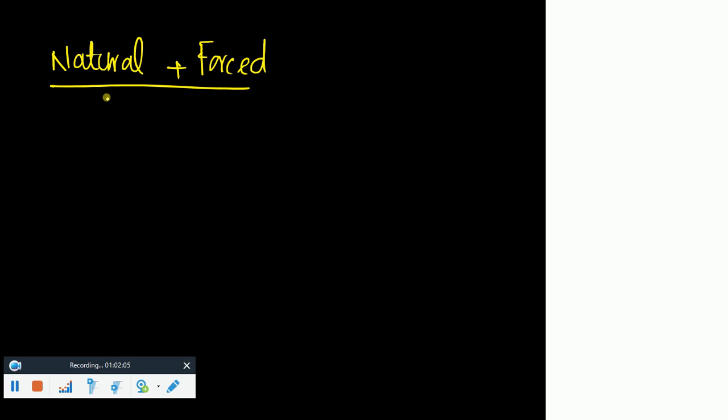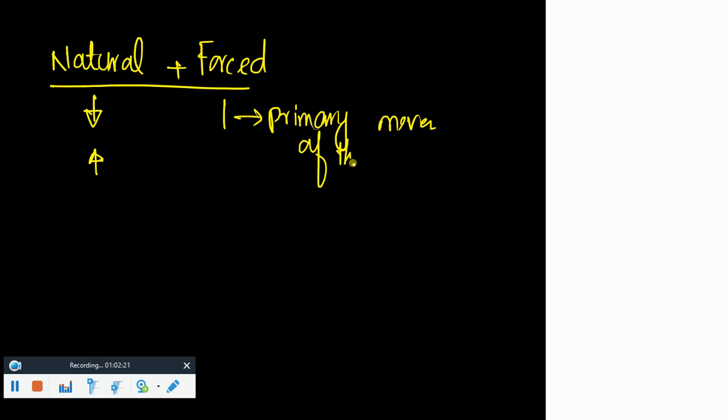Yes. So it means if you talk about something which is natural plus forced, there would be some flow due to natural convection which would be in the vertical direction, and there would be some flow from the forced convection, and that would be related to some primary mover of the fluid, which must be a fan in case of electronic equipment most of the time.